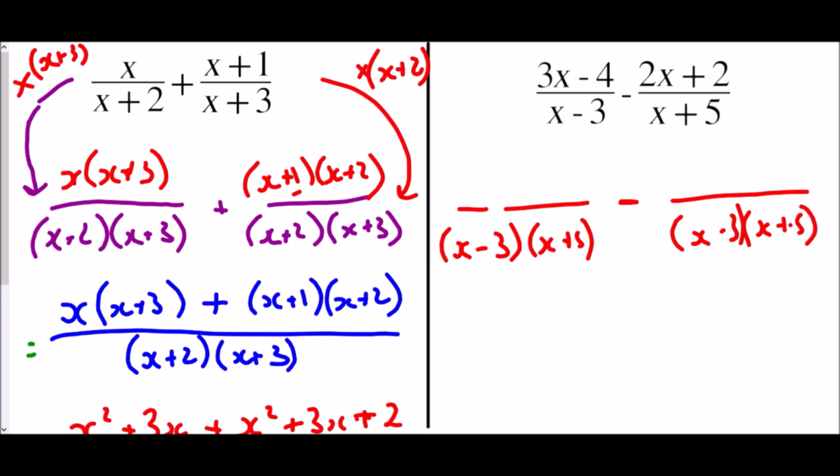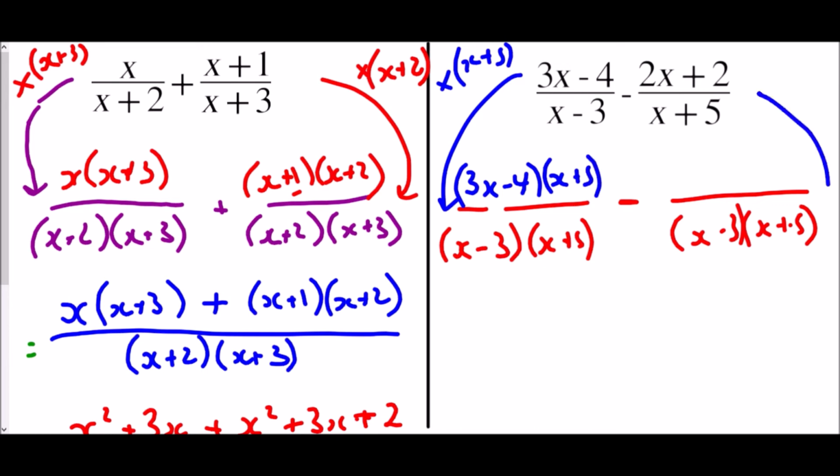And then the first fraction, the first one has been multiplied by x plus 5, and so that's going to be 3x take away 4, x plus 5. And the second one, well, that one has been multiplied by x minus 3. And so this is going to be 2x plus 2 times x minus 3.